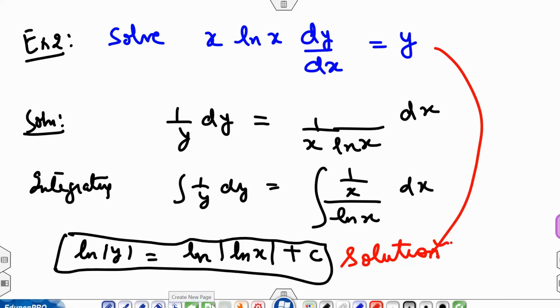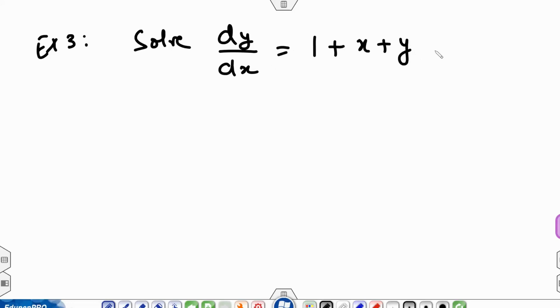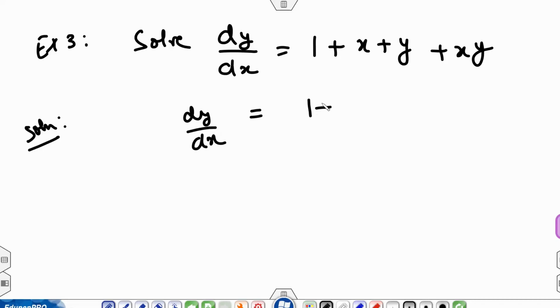Now we will see another example. So the question is solve dy by dx is equal to 1 plus x plus y plus x into y. Okay, so now at first look you will not be able to make out whether it can be solved by the variable separable method, but just have a look, you can write this differential equation as 1 plus x plus y(1 plus x).